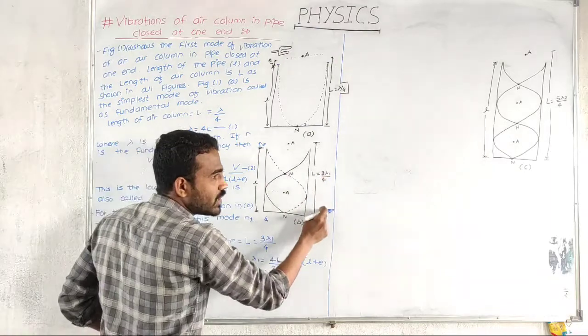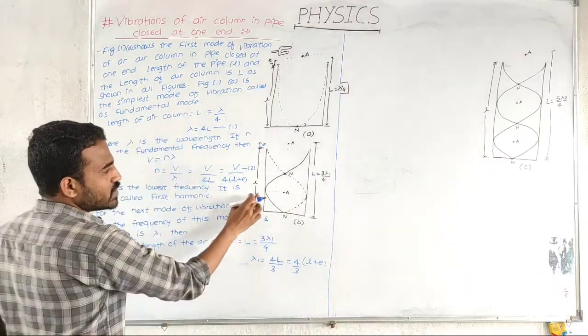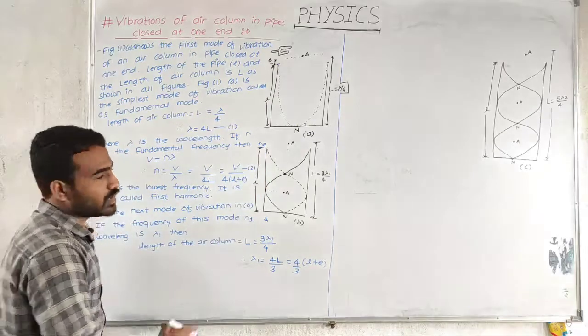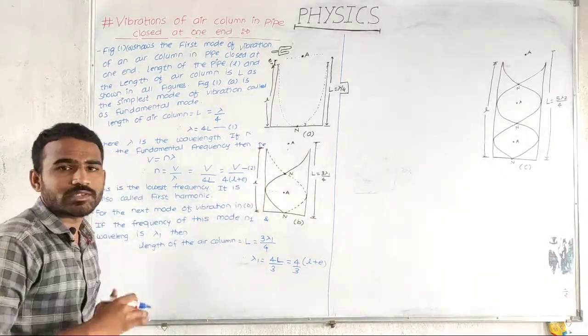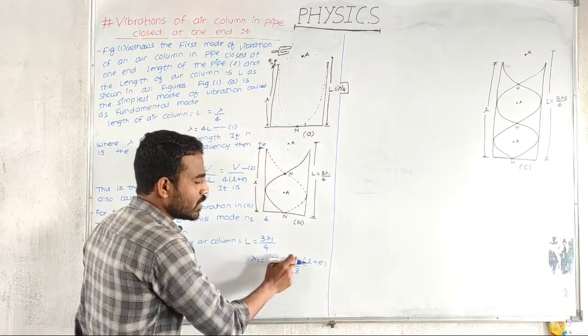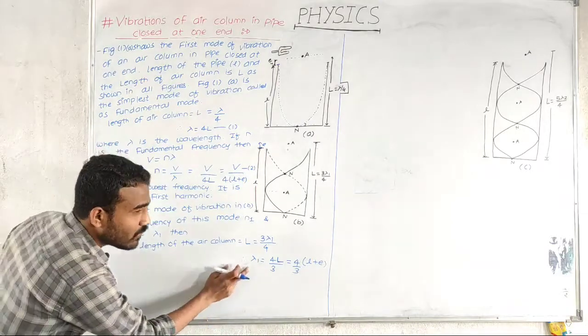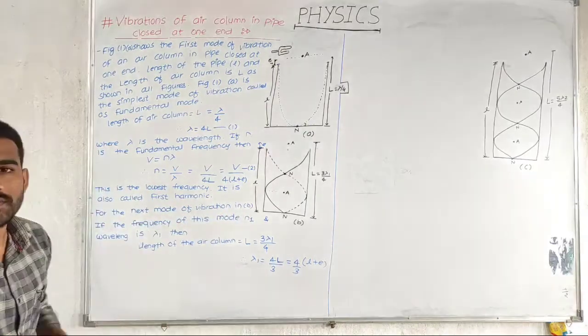So this is the actual or corrected length of the air column, which equals small l plus e, as we have seen in the end correction. So lambda 1 is equal to 4L upon 3, which is 4 upon 3 in bracket l plus e. So this is the wavelength.